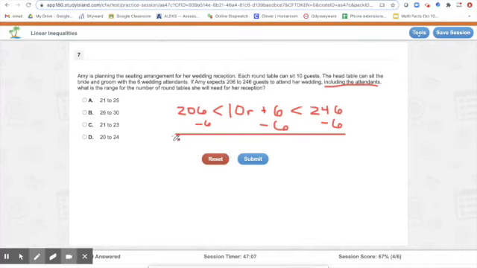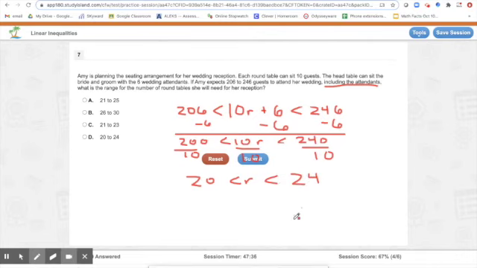How convenient that 206 minus 6 is 200, a number perfectly divisible by 10, as is 240, perfectly divisible by 10. Incredible. So the last step, dividing by 10. So we find out that she is going to need anywhere between 20 and 24 round tables.